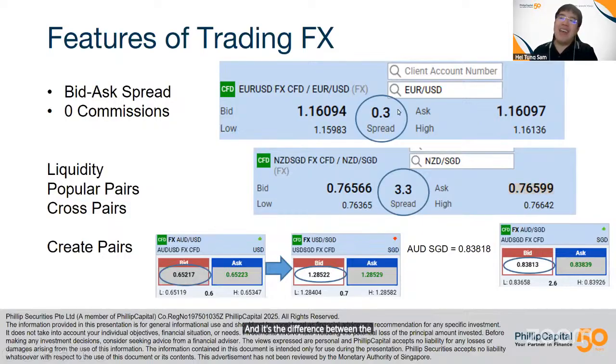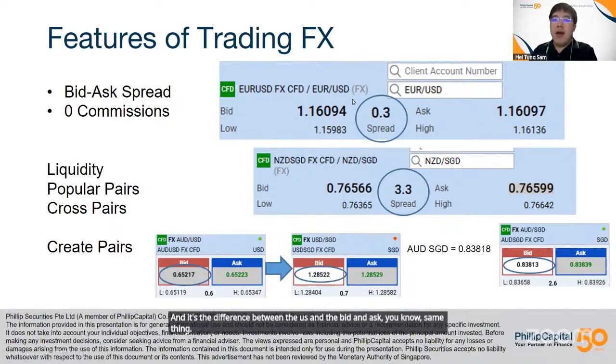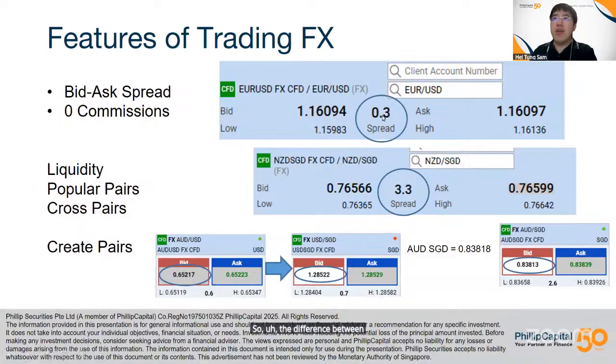If you look at the difference between these two numbers, it's in the fifth decimal place, which is a fractional pip, and it is 0.3 pips. Therefore, the spread is 0.3, which means that if you were to buy and sell at the same time, you pay 0.3 pips of spread, which is your cost of trading.